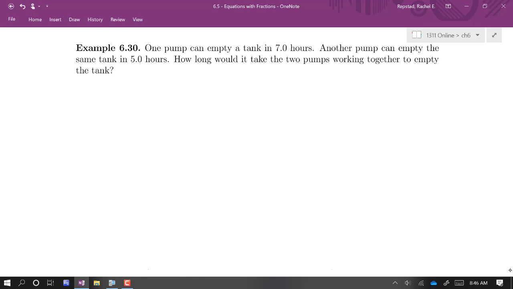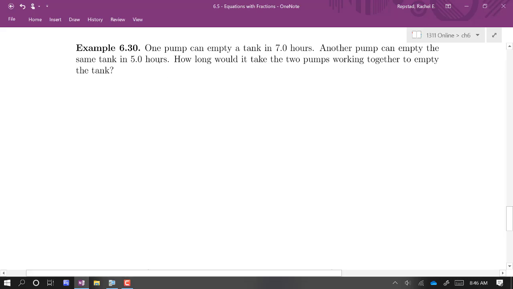There's some task that's being completed. Now, usually then also in these we are comparing two crews that are performing the task, or in this case, two different pumps that might be performing this task of emptying the tank. And they work at different speeds. They work at different rates.